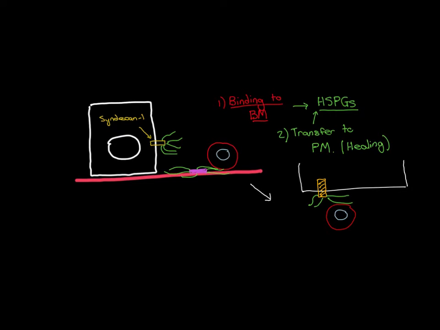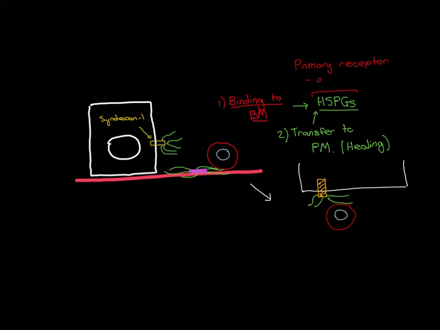Therefore, we refer to the heparan sulfate proteoglycans as the primary receptor or the attachment receptor. They are not the entry receptor. So this is the primary receptor, meaning the first receptor that the virus particle binds to, but there's going to be a secondary receptor, and we don't really know the identity of that secondary receptor, but we'll cross that bridge when we get there.